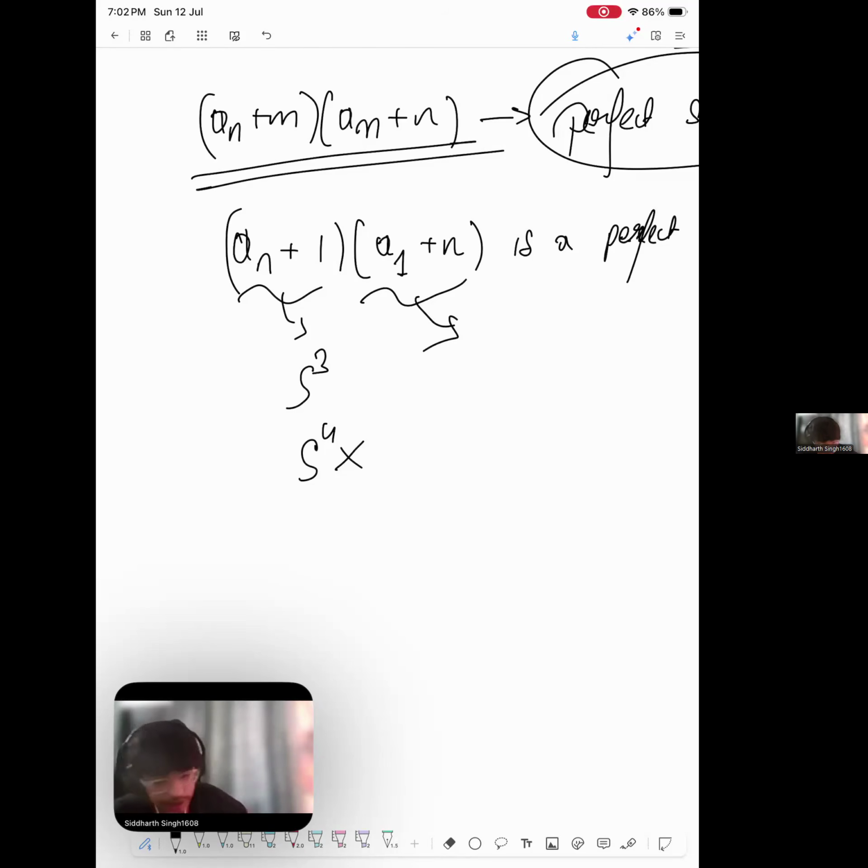Let me write it on chat too, for everyone to see. a_{n+m} times a_{m+n}, a1, a2, a3, is a positive sequence.